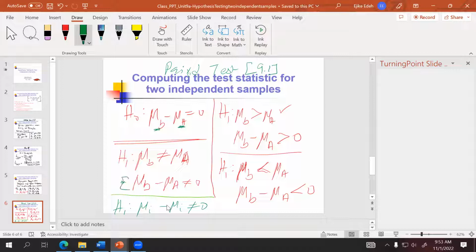What I'm trying to show is that we can remove this and put a simple unit there to make it simple, because we are dealing with the same individual.